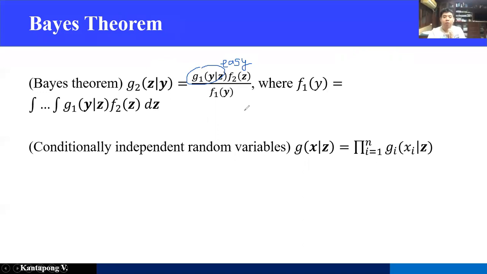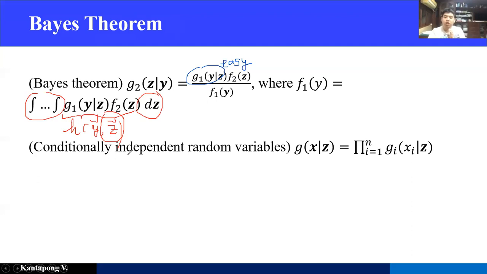And f1 of vector Y is what we are going to flatten out, because notice this one is, let's say, the joint of vector Y and vector C. So we flatten out the C by integrating with respect to dC.